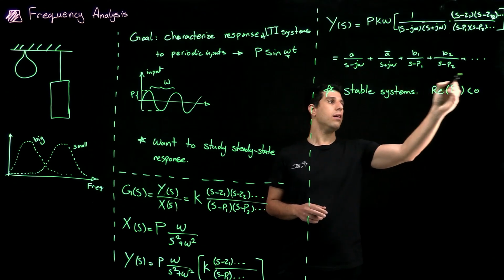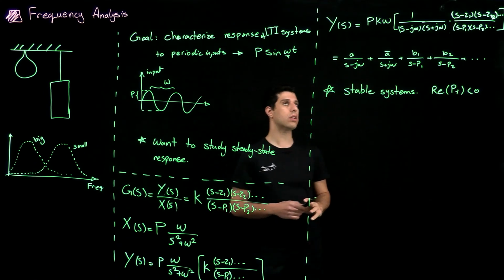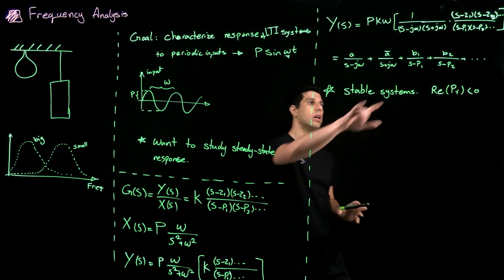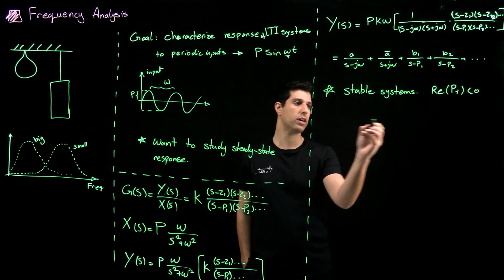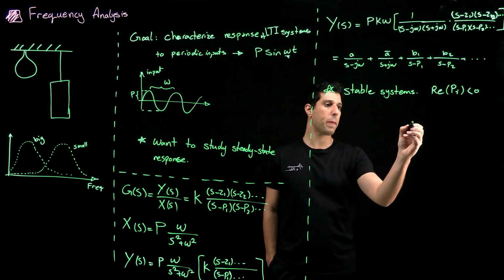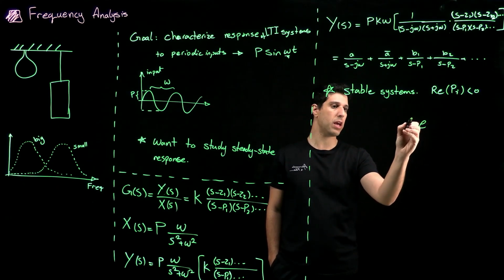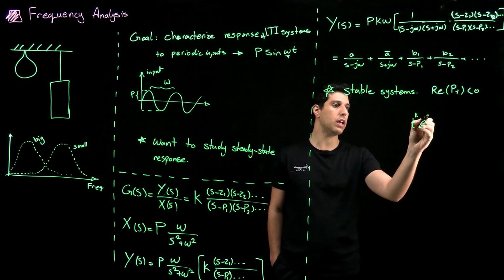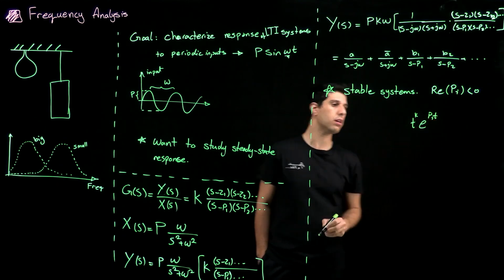any of these terms other than the two that are related to the forced response will eventually give me a response that looks like some t to the power of something, k e to the p_i t.